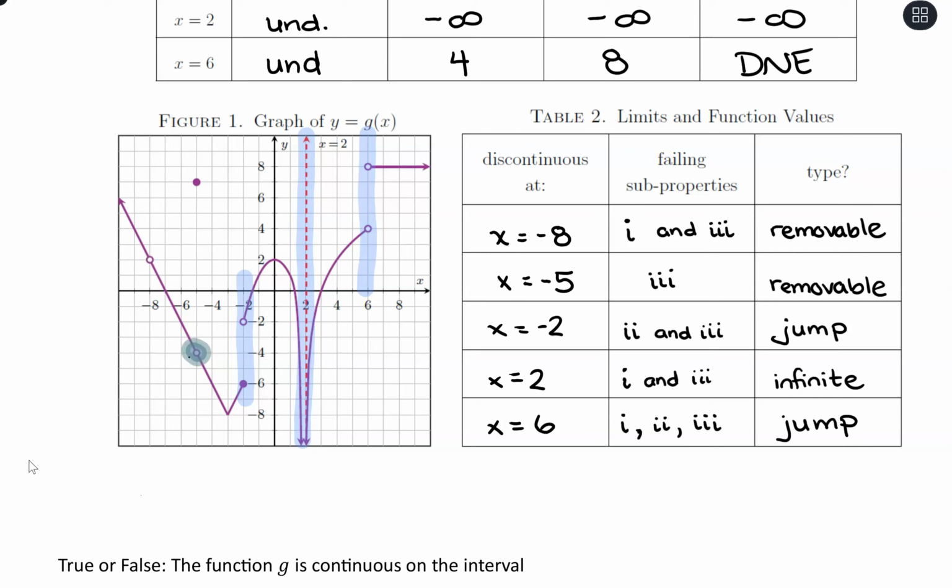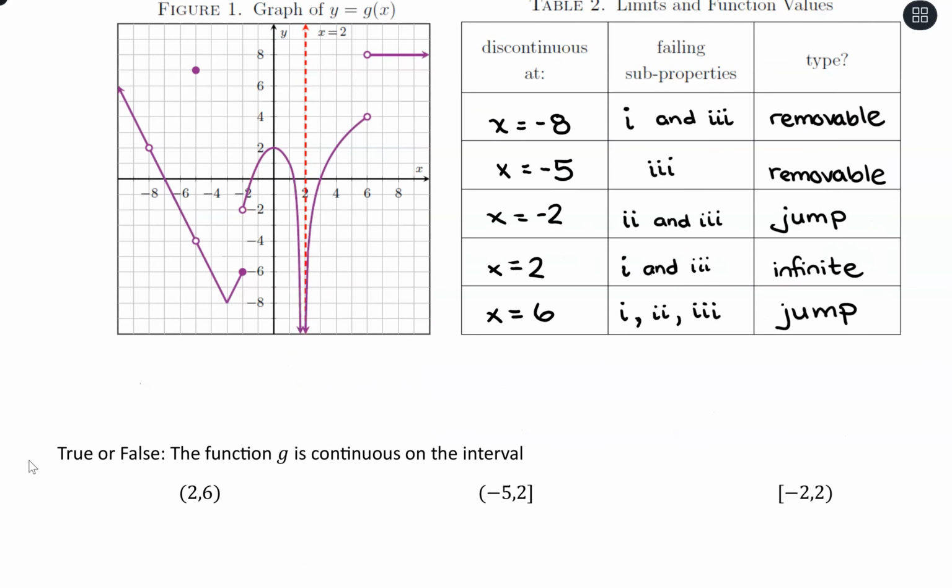Okay, so let's talk about intervals where we are continuous. What are the intervals where we can draw our function? So this is just asking true or false. From 2 to 6, so at 2 but not including 2, and then going up to 6 but not including 6, is that continuous?